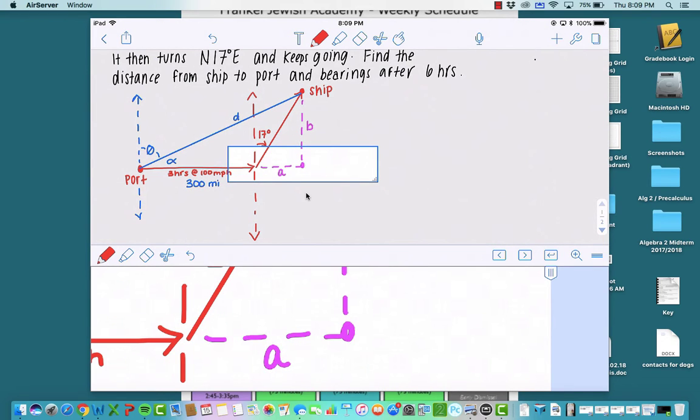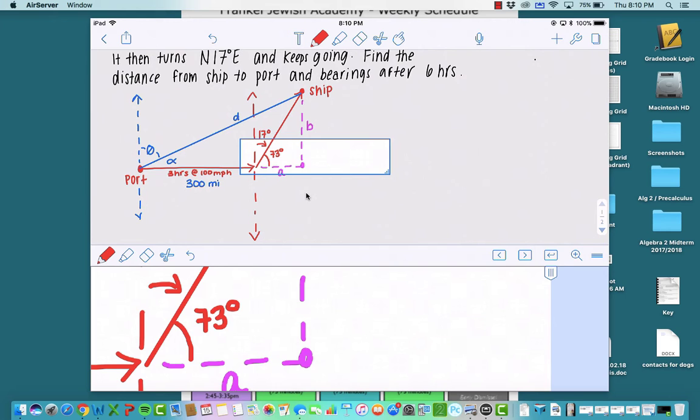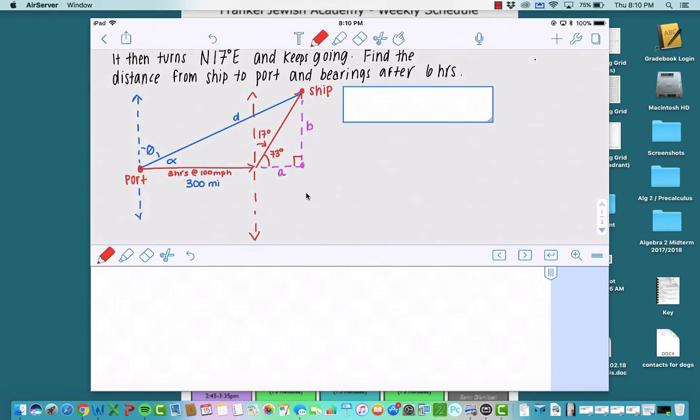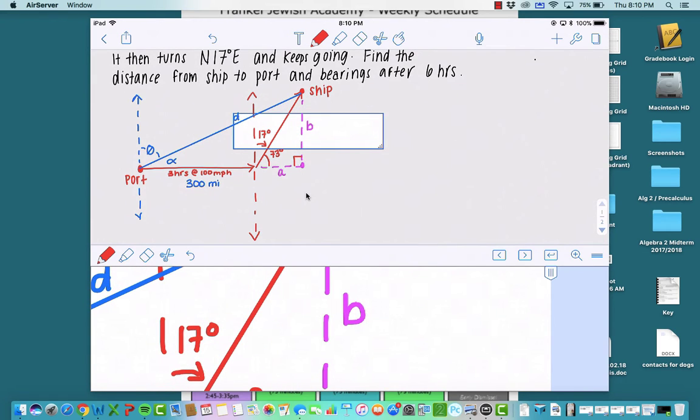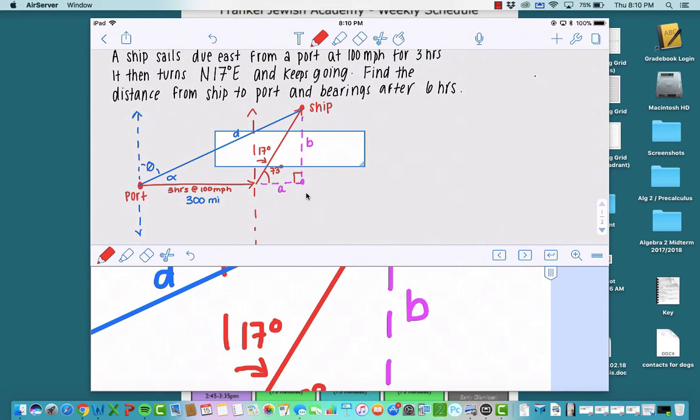Well, the first thing I notice is that this angle is whatever 90 minus 17 is, which is 73 degrees. So now I have this little fancy right triangle over here that I can use to find some trig relationships. The problem says I'm traveling for 6 hours. So I traveled 3 hours this way and 3 hours this way.